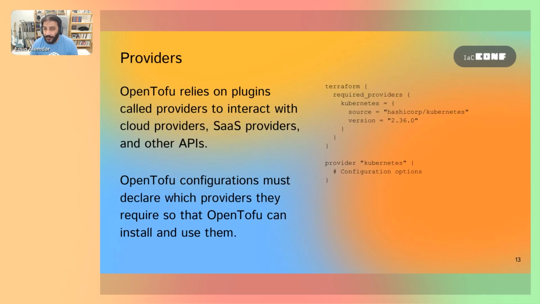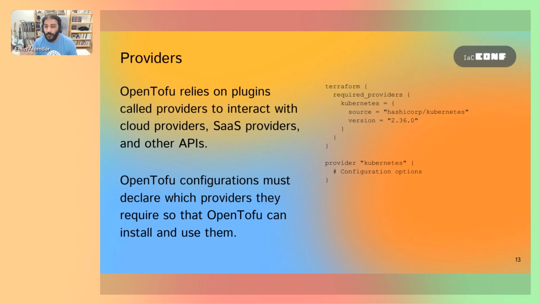And next, we of course have providers. These providers are basically plugins, and OpenTofu relies on these plugins called providers to interact with cloud providers, SaaS providers, or other APIs. For example, if you want to create a resource in AWS, you need to use the AWS provider to be able to connect to the AWS API.